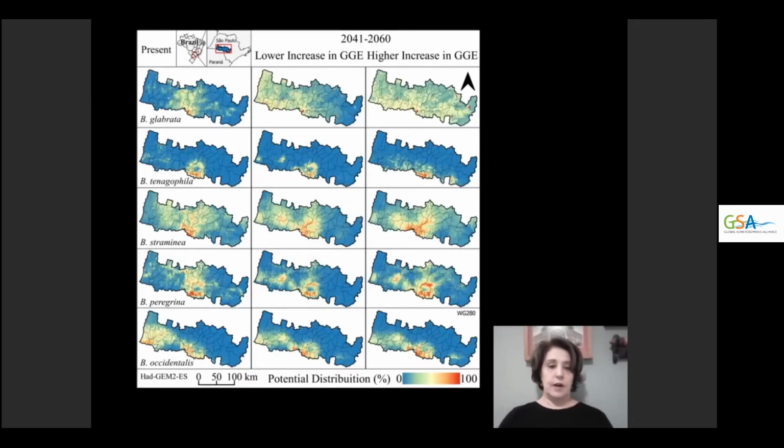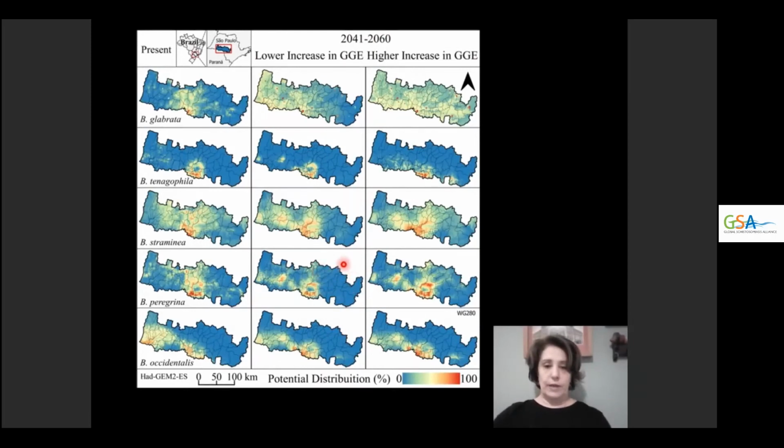These are the results, the maps that resulted from the analysis in Maxent. Here, the present distribution of the 5 species. Here, the distribution in a scenario of low increase in greenhouse gas emission, and in the drastic scenario with a high increase in greenhouse gas emissions, with consequently a rise of temperature.